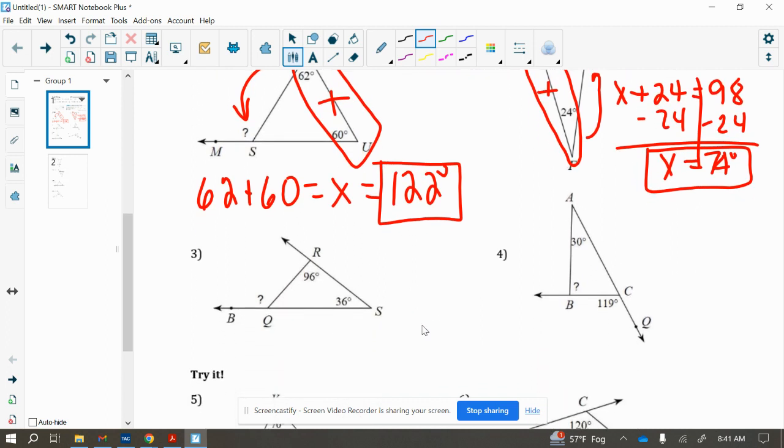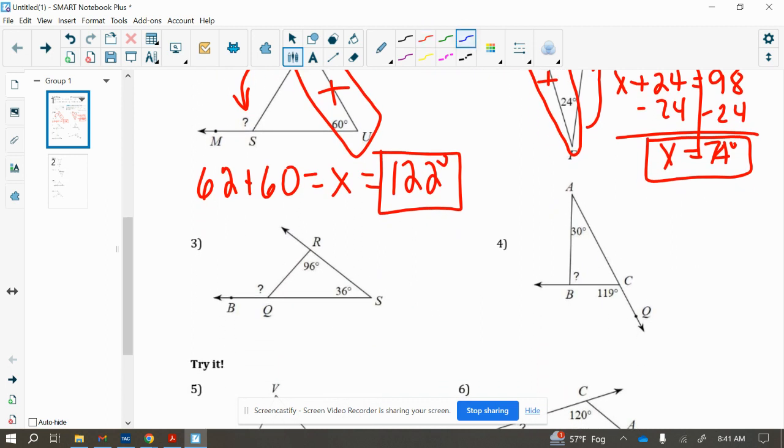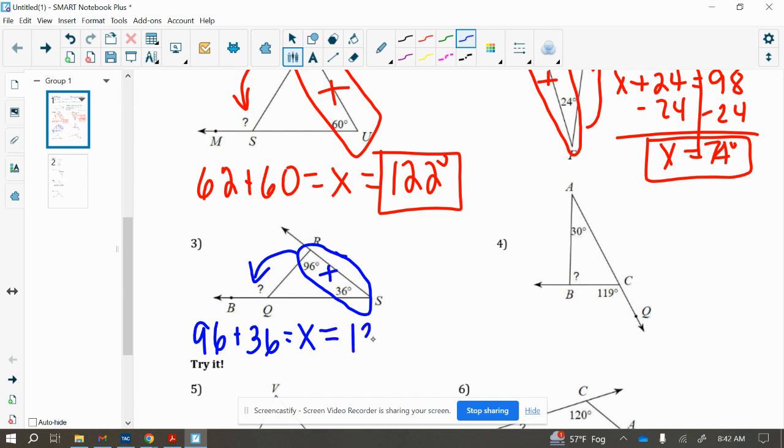Right, again, when we look at that, you always want to say, okay, what are they giving me? In this case, they gave me the two remote interior angles, so I can add those together to get the exterior. So interior plus interior equals that exterior. 96 plus 36 is 132 degrees this time. And again, be careful, this time they gave us that exterior angle.